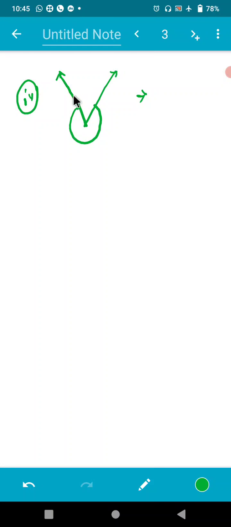If they had asked about this angle, it would be an acute angle, less than 90 degrees. But they have asked about this angle, students.